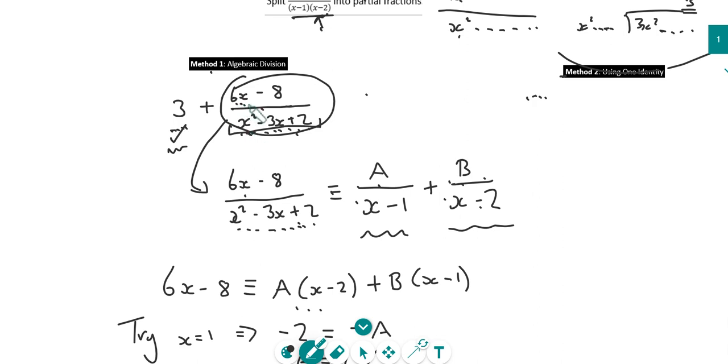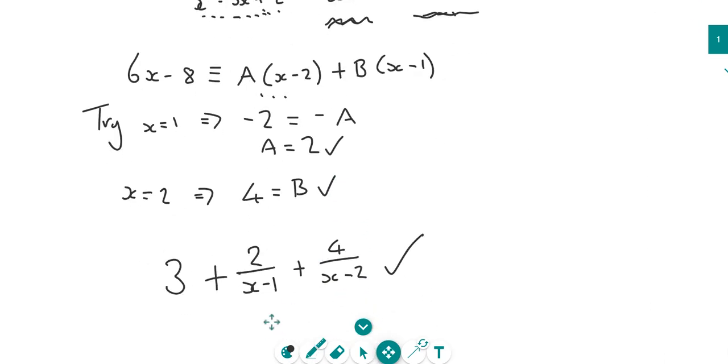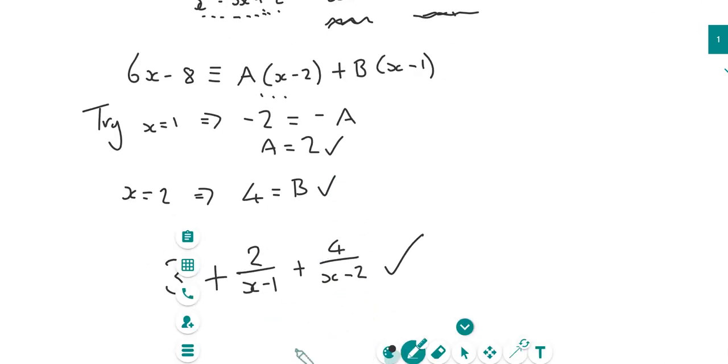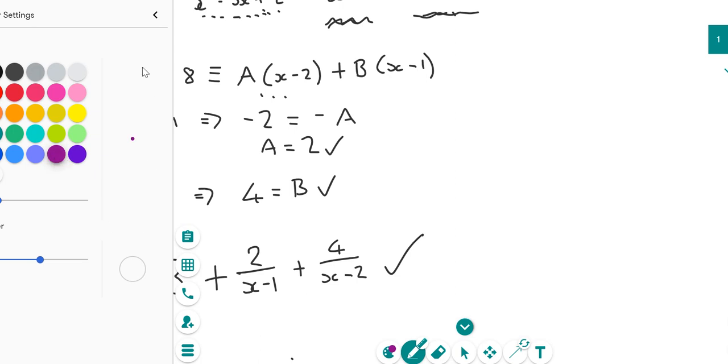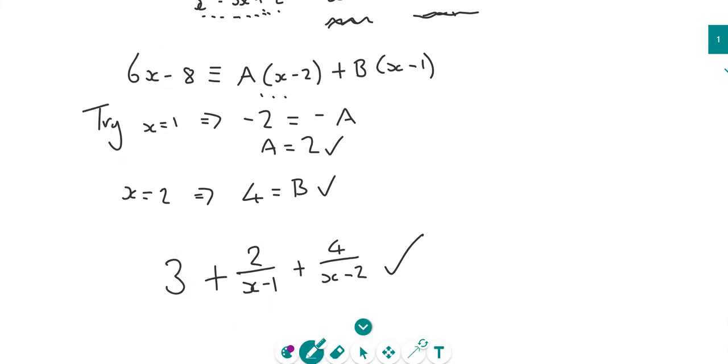The 6x minus 8 is still being divided by this x squared minus 3x plus 2, so we need to break that up into 2 different parts. And don't forget to make sure you've got all the necessary pieces for your final answer. Okay, so let's compare.